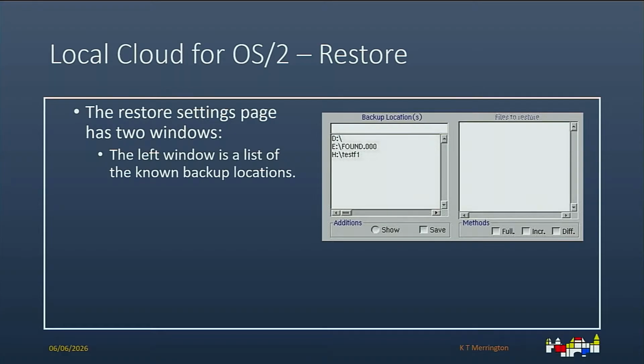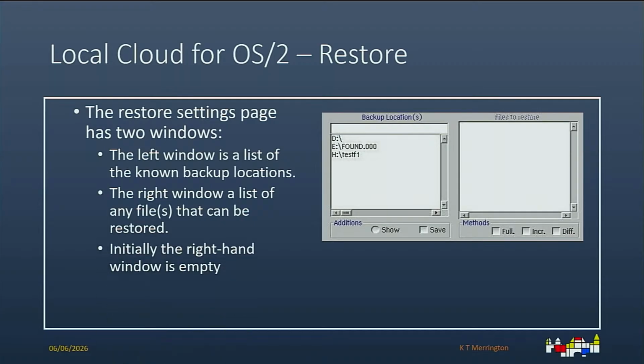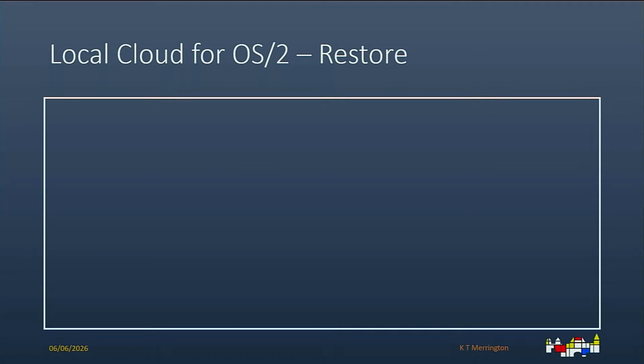And on the right-hand side, what backups. But in order to get anything in the right-hand side, you need to define which particular location I'm looking at. So the right-hand window is initially blank because you haven't defined it.